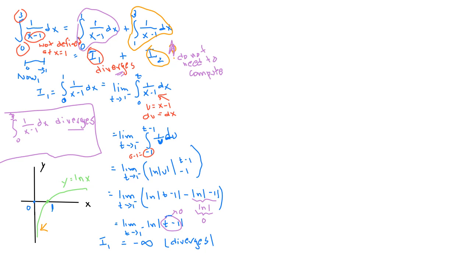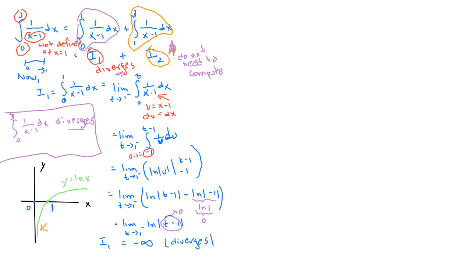I have a question. Is being undefined the same as infinity? Being undefined is not the same. If you have a function that's undefined at a value, there will be an asymptote there, but it doesn't mean that the area equals infinity. We saw an example in the previous problem where we had an asymptote at x equals 1, and the area converged.